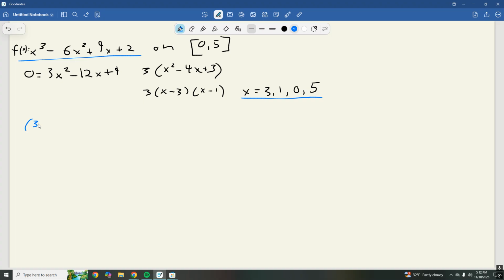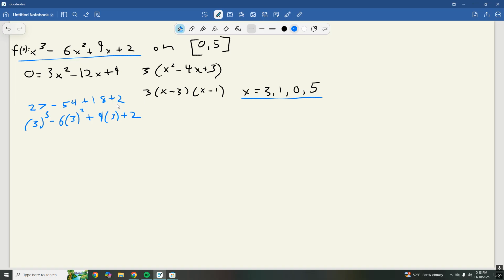So 3 to the third power minus 6 times 3 to the second power plus 9 times 3 plus 2. Okay, so this is 27 minus 54 plus 18 plus 2.